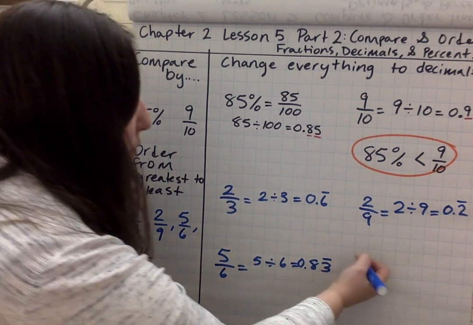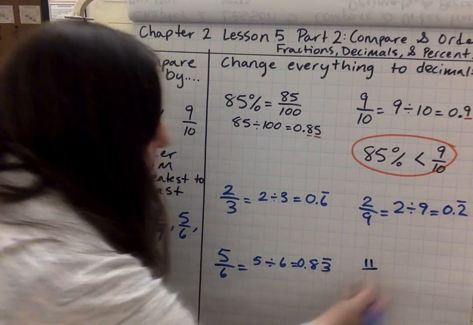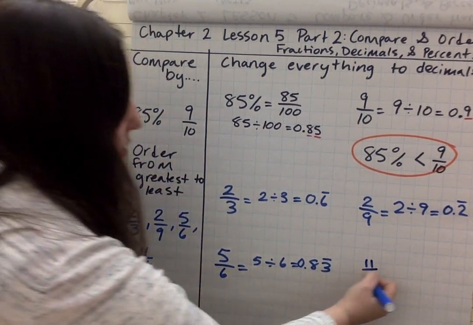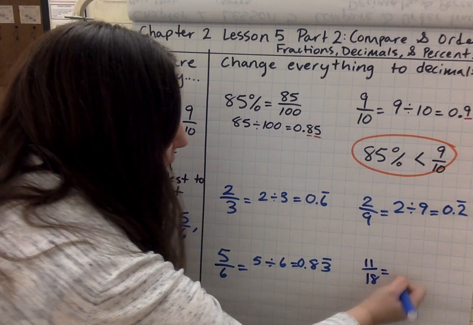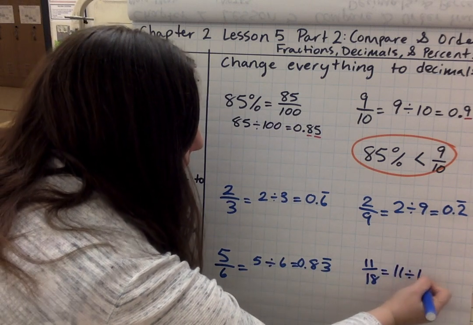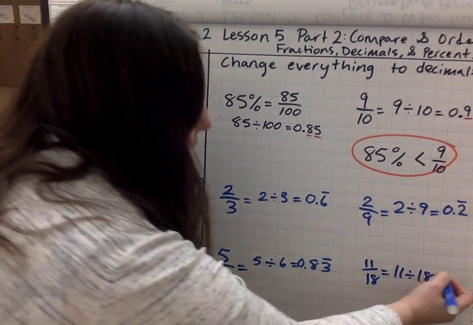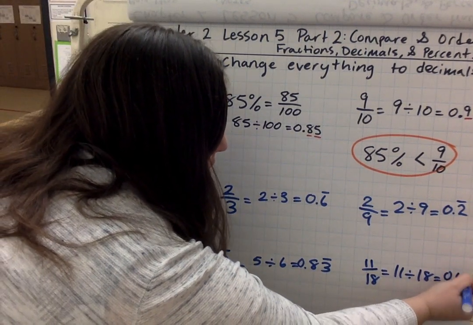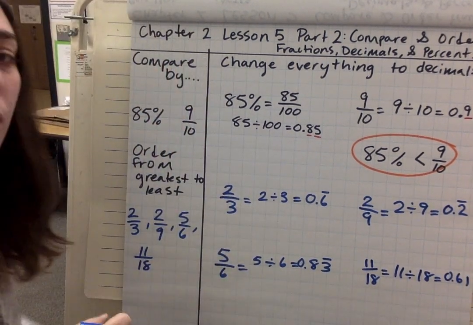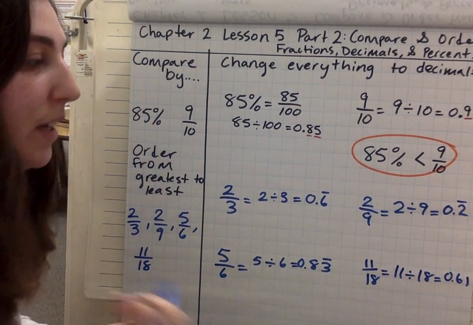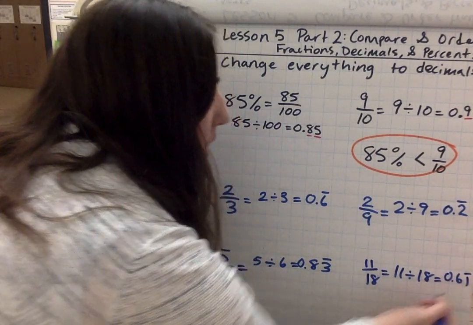And the last fraction we need to change to a decimal is going to be 11/18. So in my calculator, I'm going to do 11 divided by 18, and you will get 0.61. And remember, if you are doing this on your calculator, the 1 is repeating, so we're going to put a bar at the top.